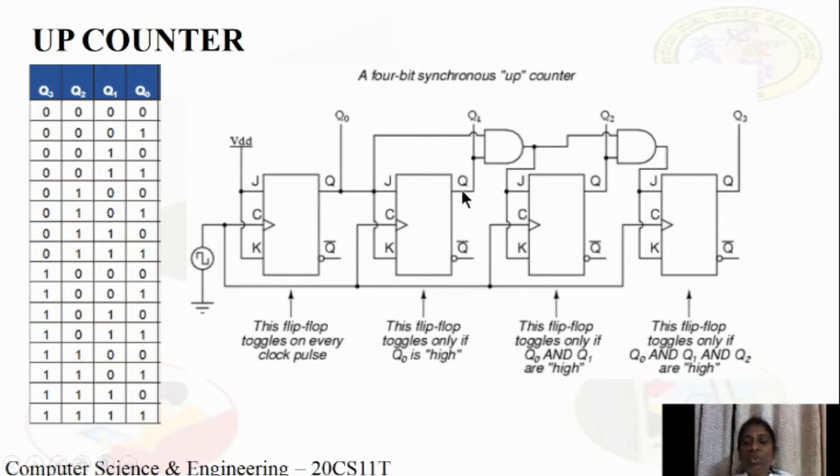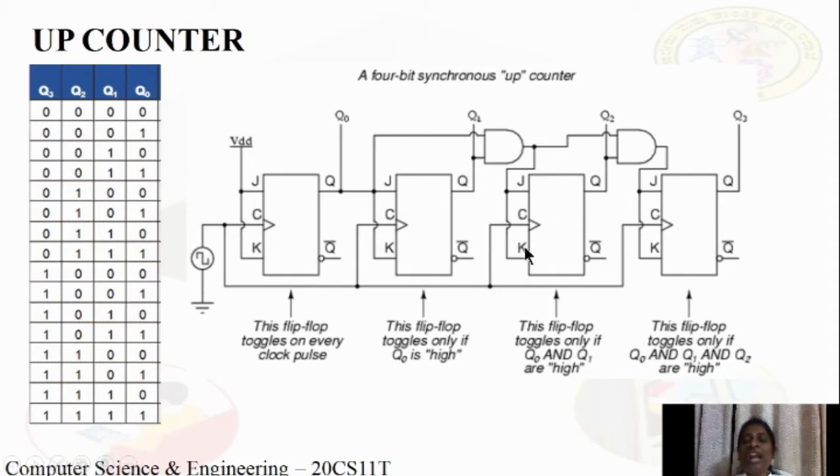Next, Q1 will be connected as the second input value for this first AND gate. If both Q1 and the Q0 are high, then it produces the high input value and this passes that high input values to these inputs for the third flip-flop.